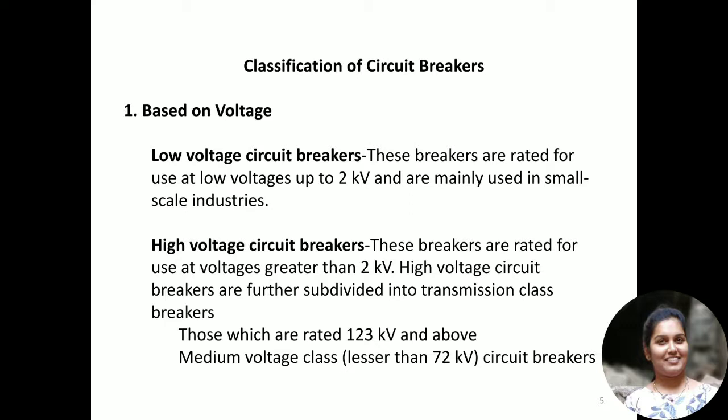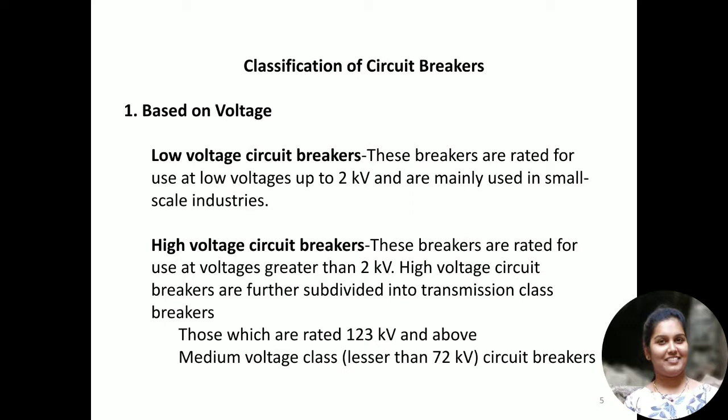Next is high voltage circuit breakers, which, in contrast to the low voltage ones, can be used for voltages greater than 2 kilovolts. So up to 2 kilovolts, it is called a low voltage circuit breaker, and for more than 2 kilovolts, the circuit breaker that we have to use is a high voltage circuit breaker.